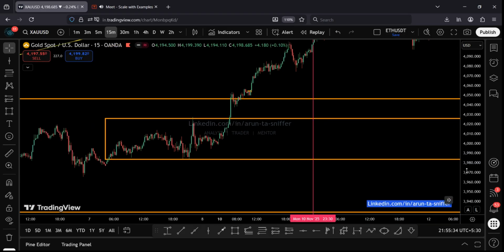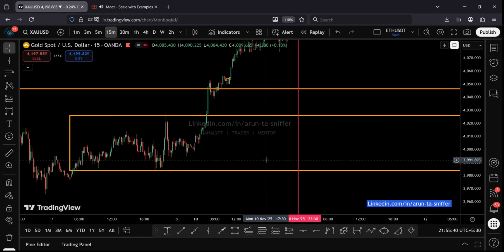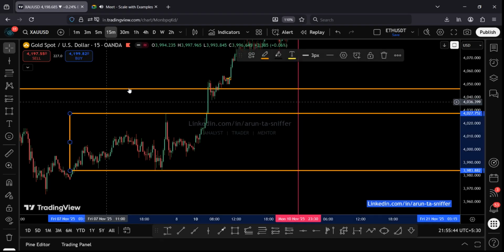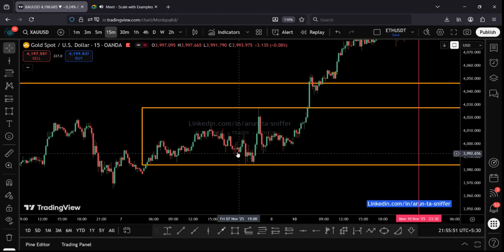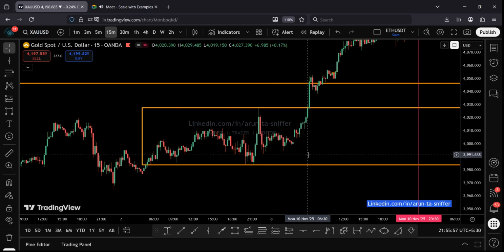QM. Look at this. Price goes up. Now we will refine this zone. Goes up, comes down, high, low, low, high, lower low, and goes up like this.